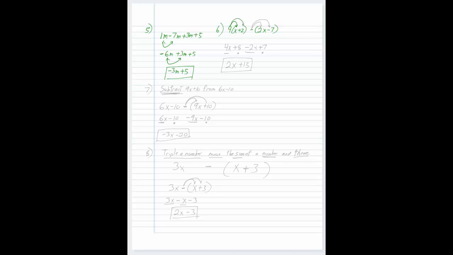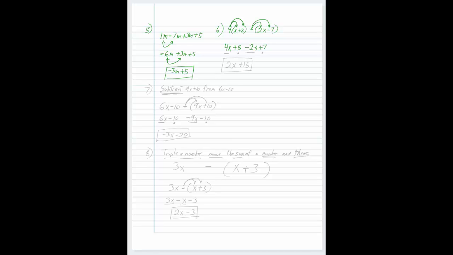We will do 4 times x, which is 4x, and 4 times 2, which is 8. Now a minus outside parentheses changes the signs of everything inside. Watch this. 2x becomes negative 2x. Negative 7 now becomes positive 7.